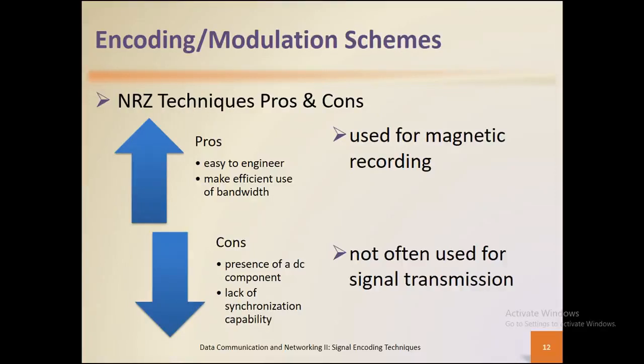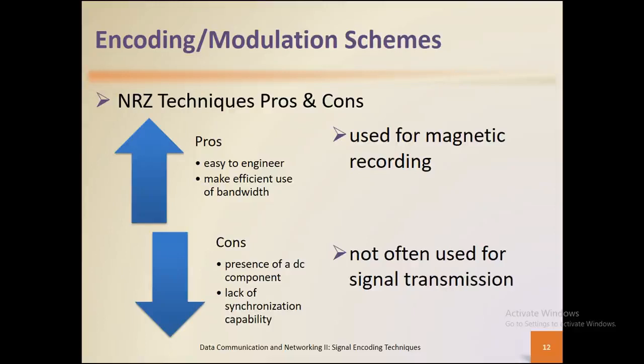So ideally, most of the non-return to zero techniques are not employed within data transmissions, because they're not very effective. Within highly digitized data transmission or data signaling, you're probably dealing with a number of signals coming through a given medium.